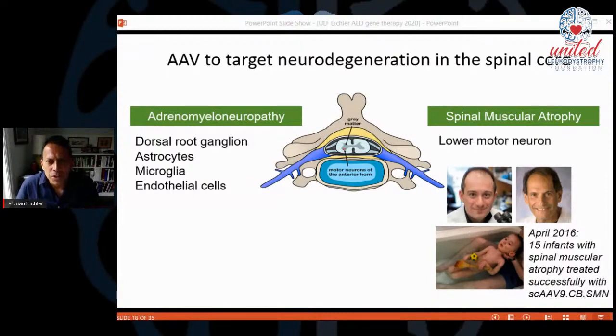We did this for the simple reason that this treatment in spinal muscular atrophy targets a nearby structure, the lower motor neuron, and was very effective in treating the disease in children affected by spinal muscular atrophy. And so knowing that here the dorsal columns and the corticospinal tract are in immediate vicinity, we were very encouraged and have put forward a program based on this work. Next slide.